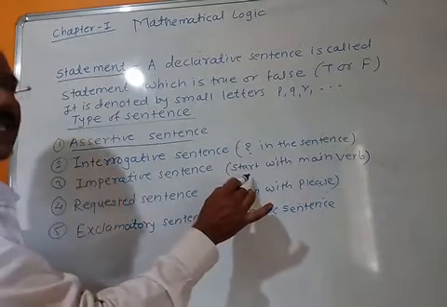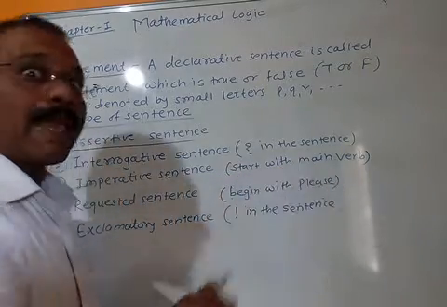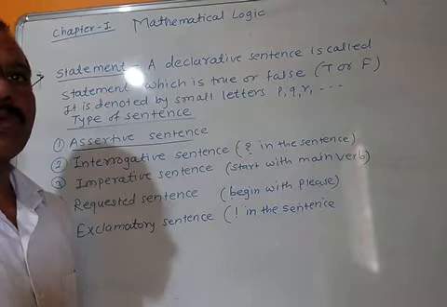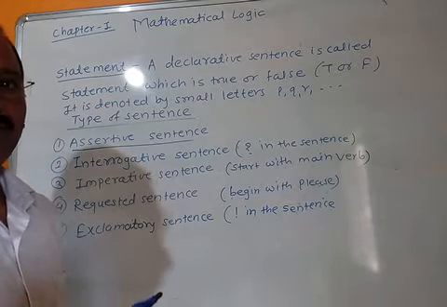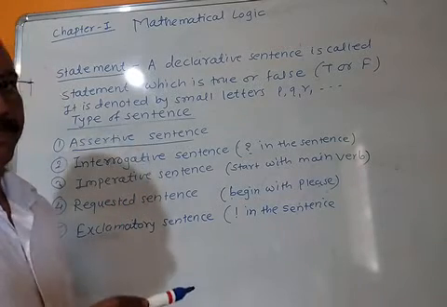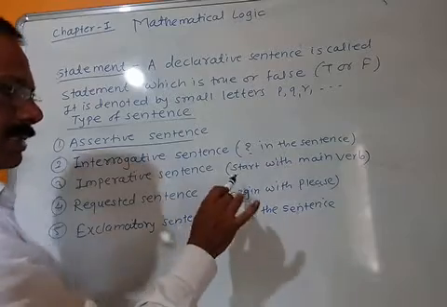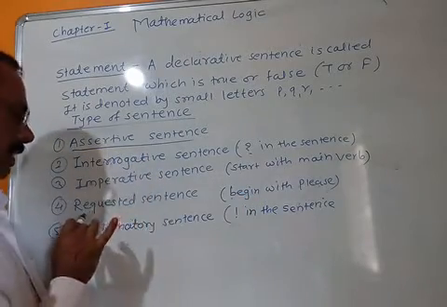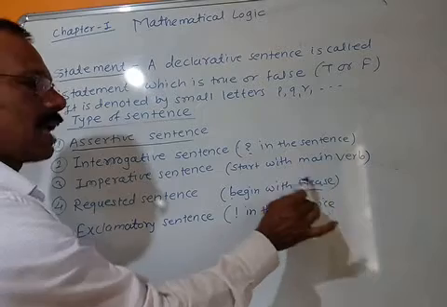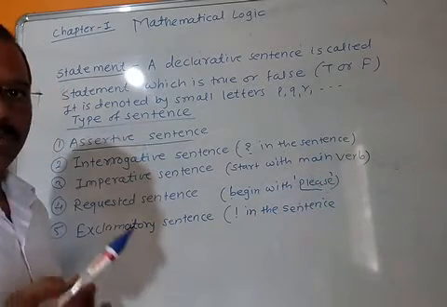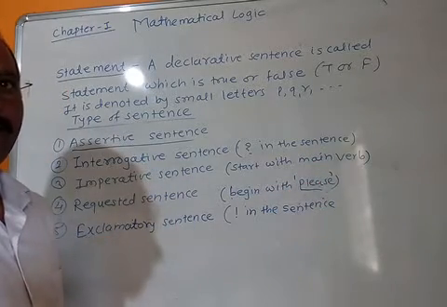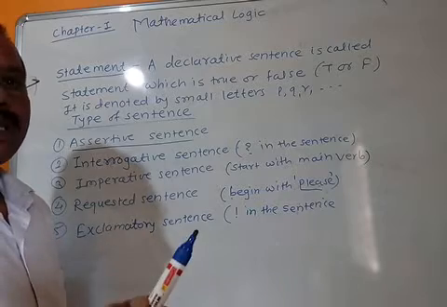An imperative sentence means the sentence which starts with the main verb, like stand, come, go, take, speak, likewise. Requested sentence means it starts with please: please give me a pen, please come here, please go there.